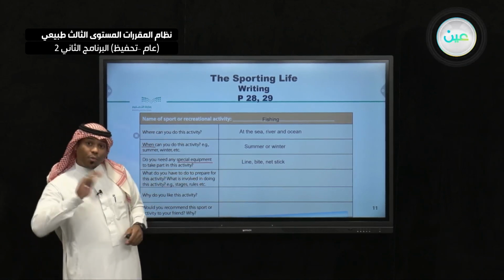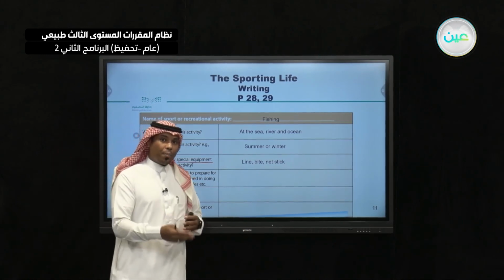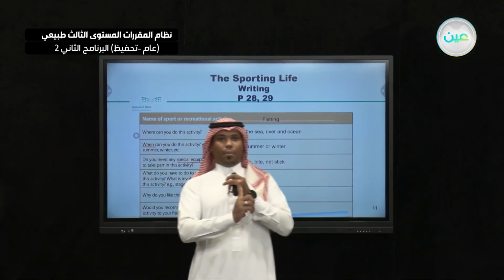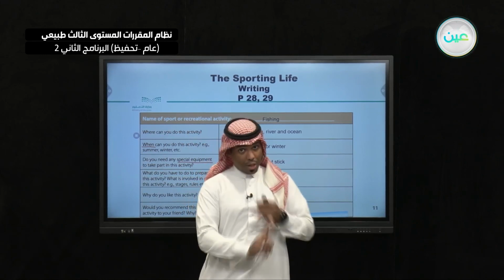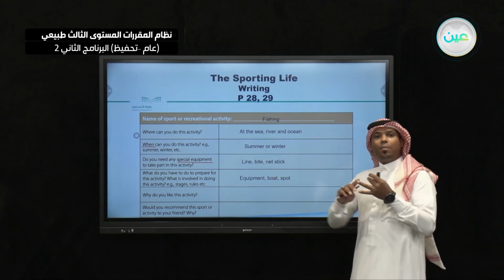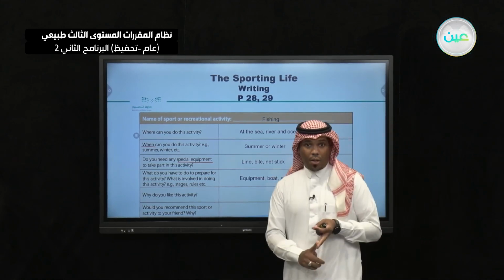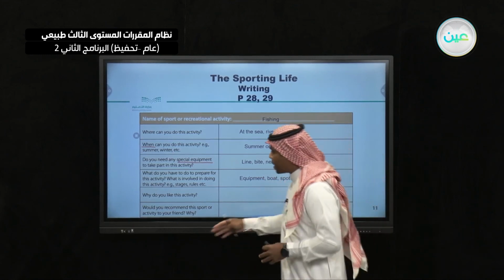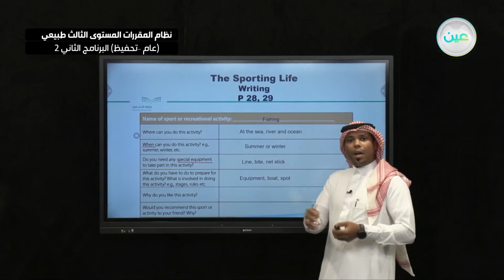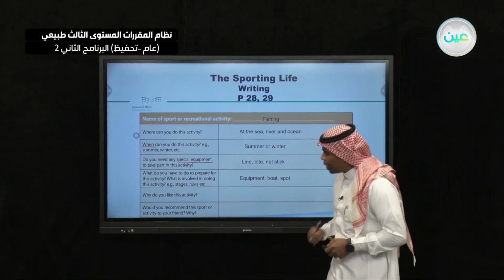What is involved in this activity, and how can you prepare for it? Of course, you need time. Time management is very important for you. And of course the equipment. Sometimes you could use a boat. A good spot for fishing. So this kind of activity also needs a good spot to find a good fish. Very good.